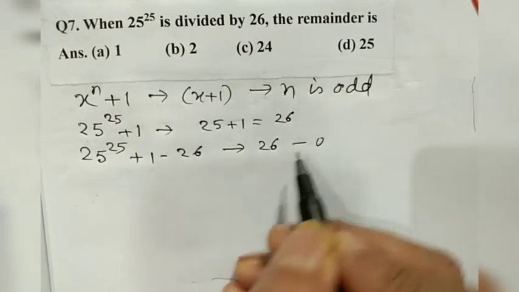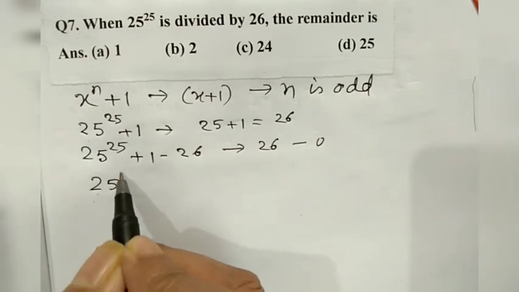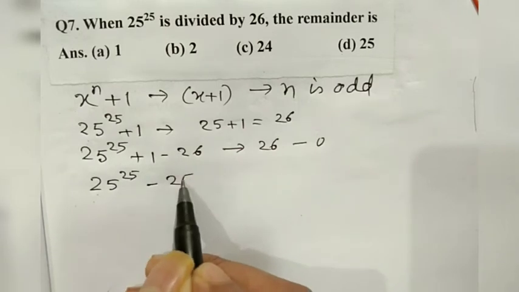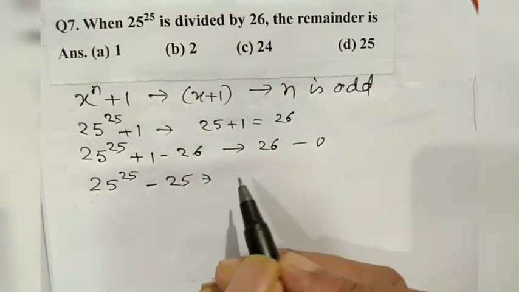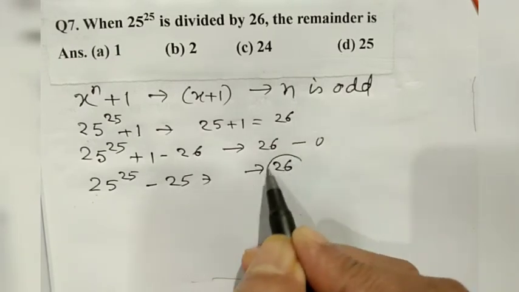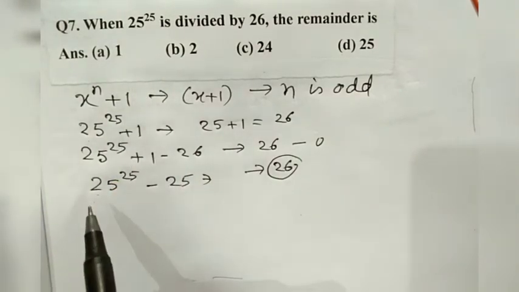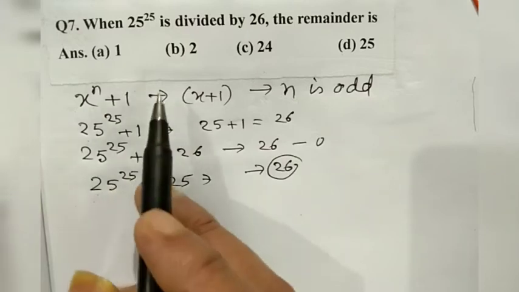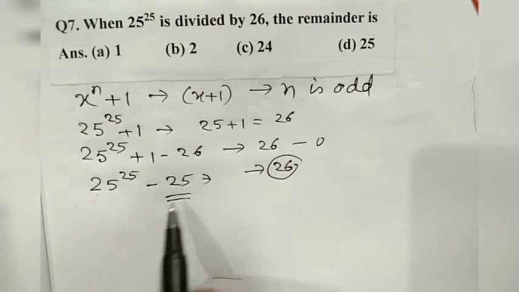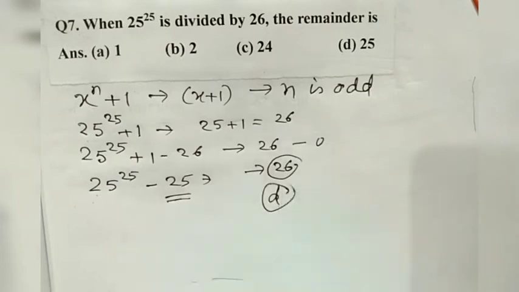Remainder is 0. Then 25 to the power 25 minus 25 is also completely divisible by 26. But the question is, when only 25 to the power 25 is divided by 26, then the remainder is 25. The answer is D. Okay?